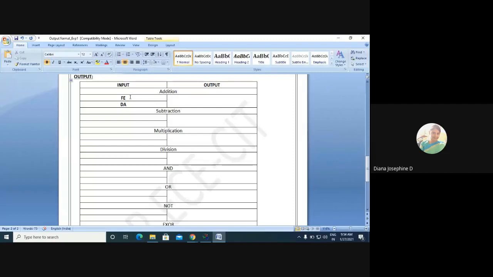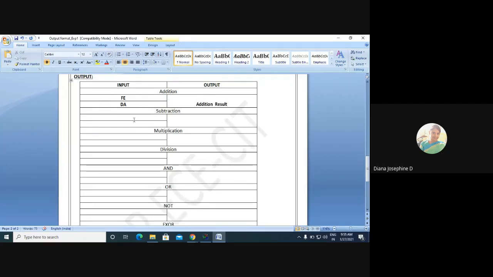If these 2 are the input values, you have to write them here, and the result of these input values should be written here. The same input values can be taken for subtraction also, and the result should be written here.